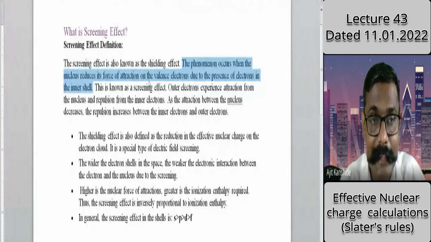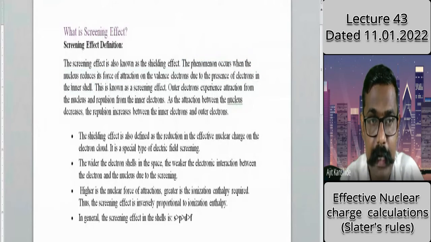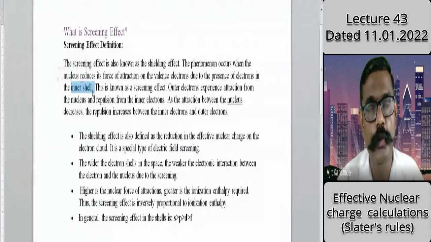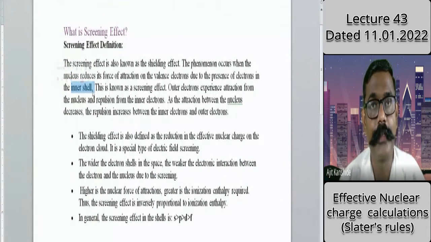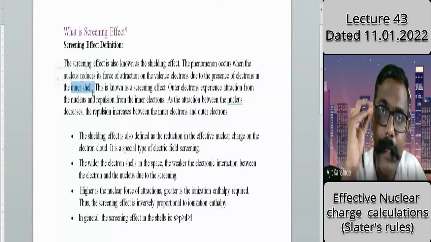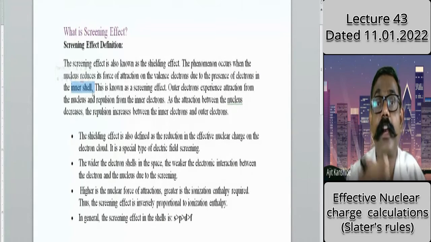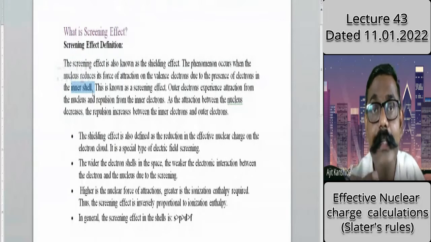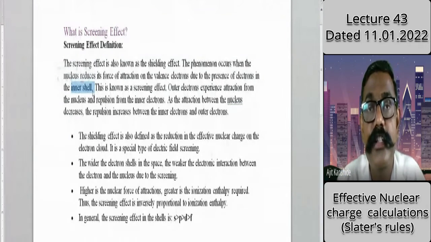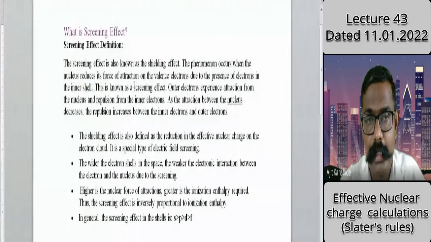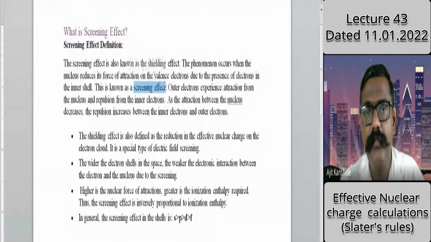So here they said it as the inner shell. It is true. By the way, neighboring electrons also we need to consider. So actual attraction experienced by the outermost electron is less rather than expected. That decrease is none other than the screening phenomenon or shielding phenomenon. Here they said it has the effect.